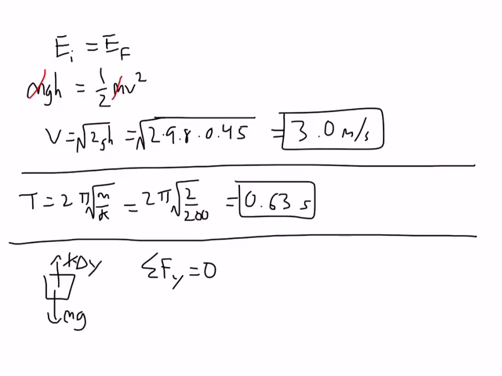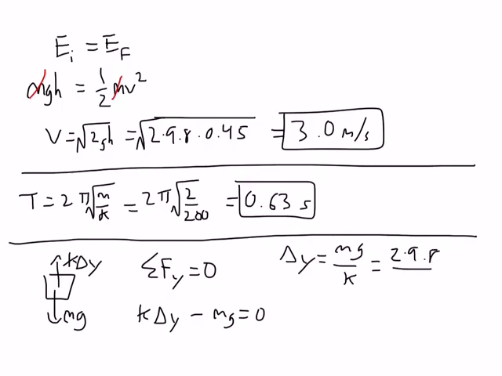When it's at equilibrium, the speed is a maximum, and so we can figure out the compression amount at that point. So k times how much it's compressed to be at equilibrium minus mg equals 0. So we find that the compression amount at equilibrium is mg over k. And again, we know all these numbers. It's 2 times 9.8 over 200.